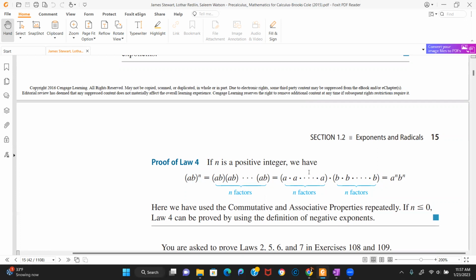Remember, I've talked about 2 by 2 matrices. There's a way of defining multiplication on them. When you multiply two matrices, say you have a matrix A and a matrix B, so it's a square with 4 numbers, multiplication is not commutative generally. So this law does not hold for multiplication of matrices because it's not necessarily the case that you can group all the A's together and all the B's together.